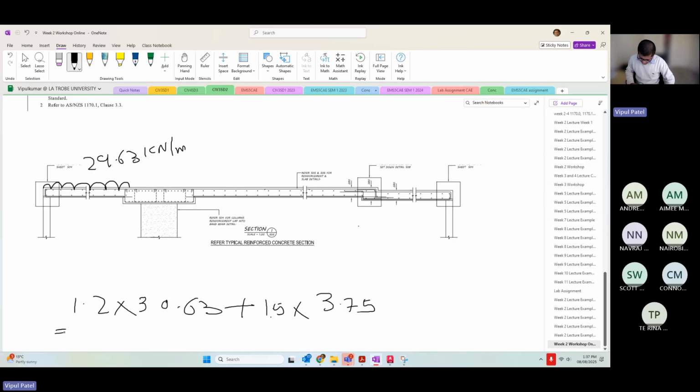Let me do it: 1.2 multiplied by 30.63 plus 1.5 multiplied by 3.75. You get 42.4 in that area.